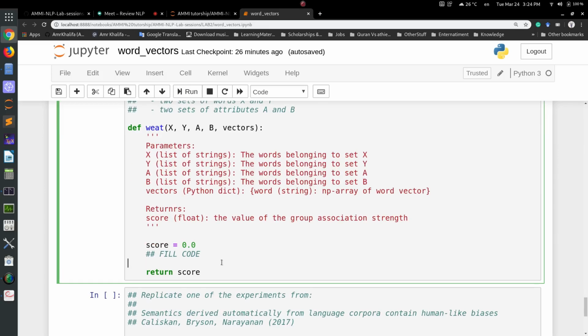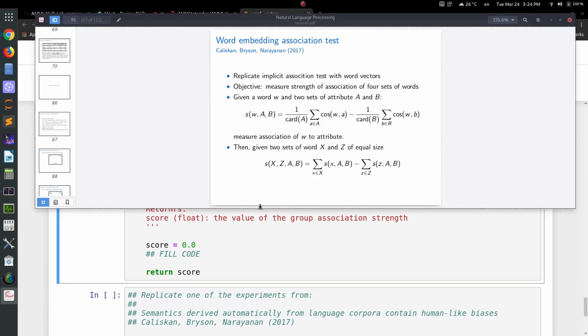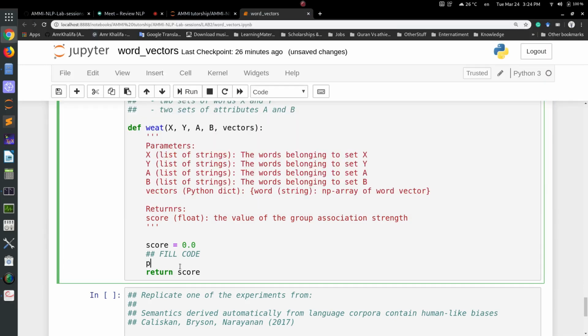So we're going to compute the score. We're going to look at every word in X and every word in Y, just like the formula here. So we can do part A, initialized with 0.